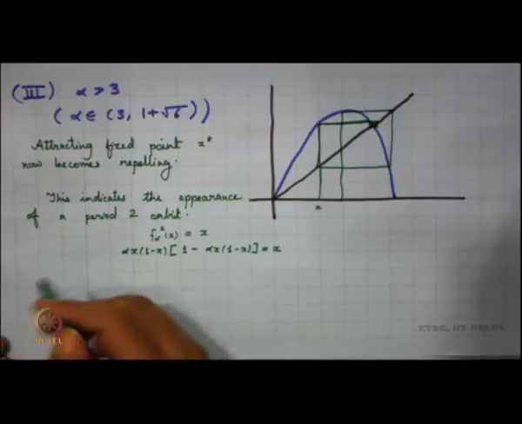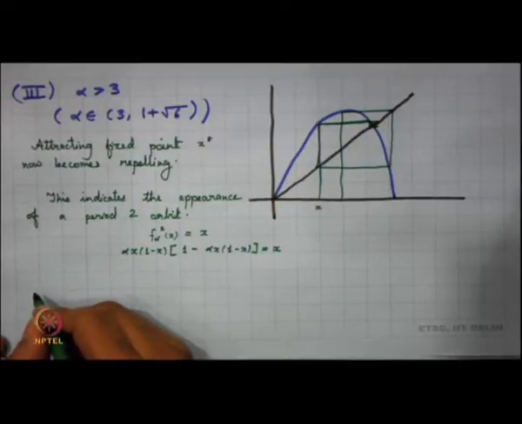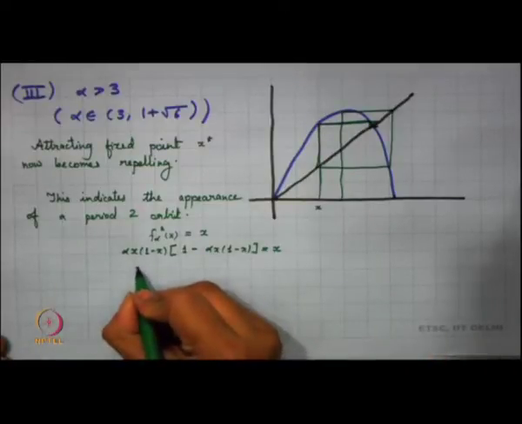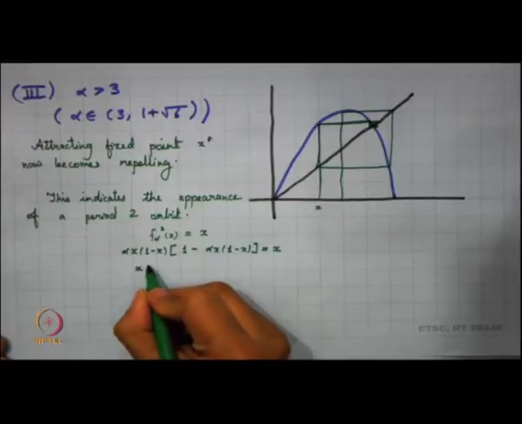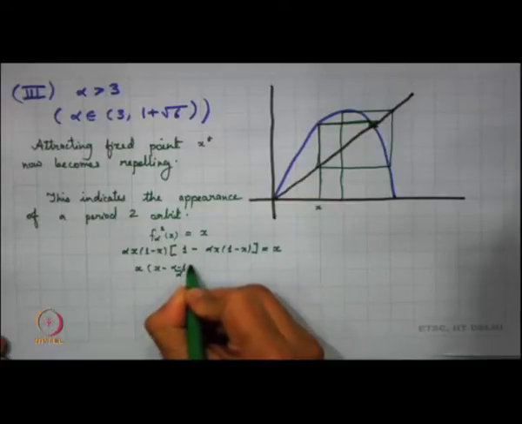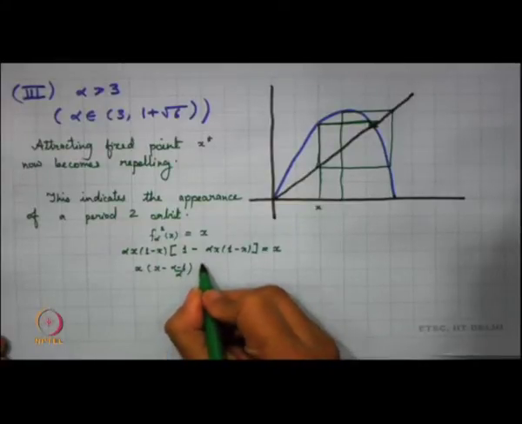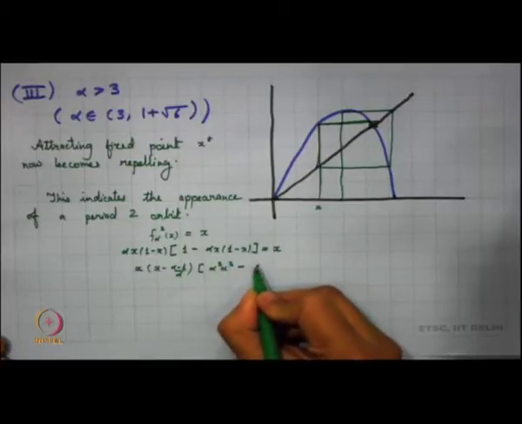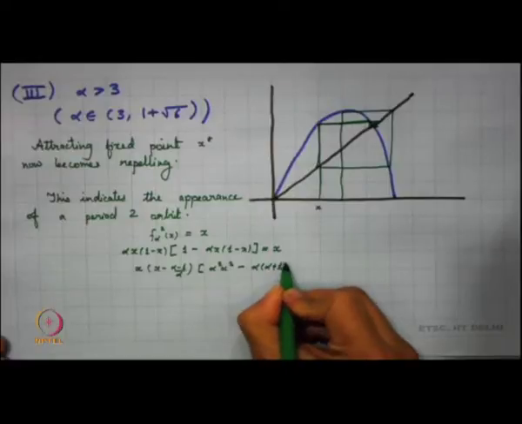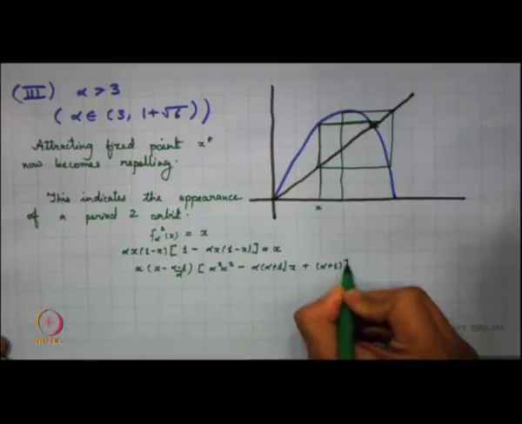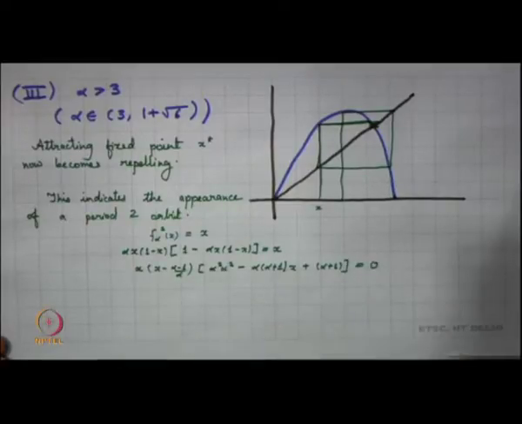Simplifying this equation, I definitely have x as a common factor. I can also say that x minus (alpha minus 1)/alpha is another common factor, and the third part is alpha square x square minus alpha times (alpha plus 1) x plus (alpha plus 1), which is equal to 0. So, you can simplify the equation in this form.